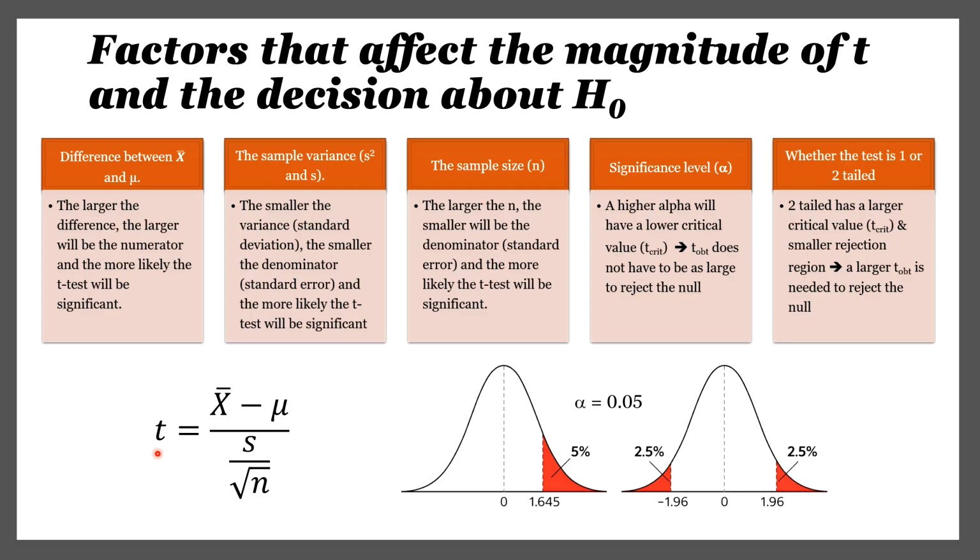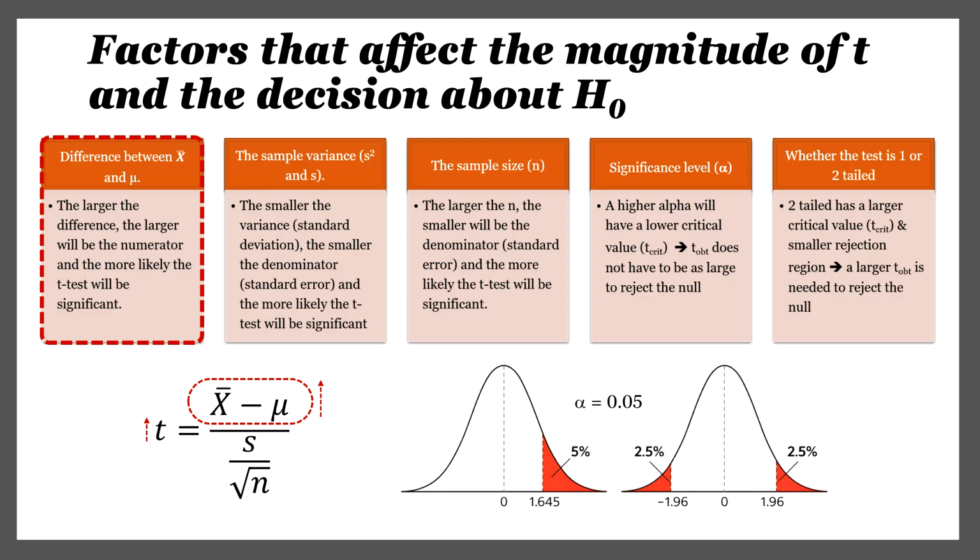Okay? So in absolute terms, your t-value has to be larger than the critical value. And so the t-value and the critical value, those two values together will determine whether or not you reject the null hypothesis. So let's begin by talking about the factors that determine the magnitude of the obtained t-statistic.